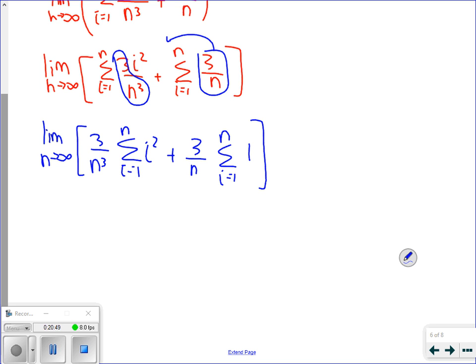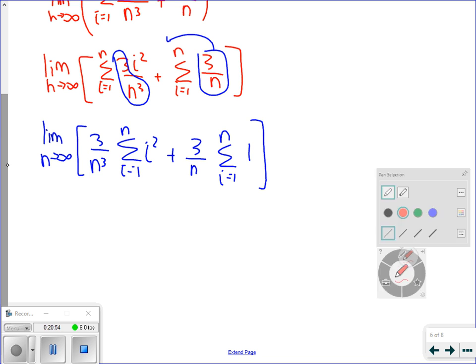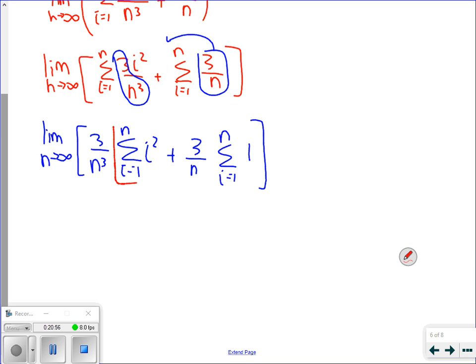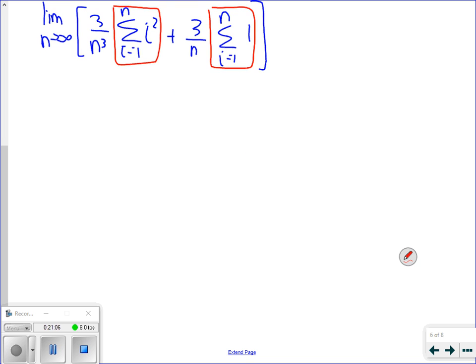The cool thing is that when we take the constants out, everything's been distributed, you're going to be left with something that's just i. Either it's i squared, i cubed, or just 1. And it's at that point we can use our properties to get rid of the summation and start evaluating it.